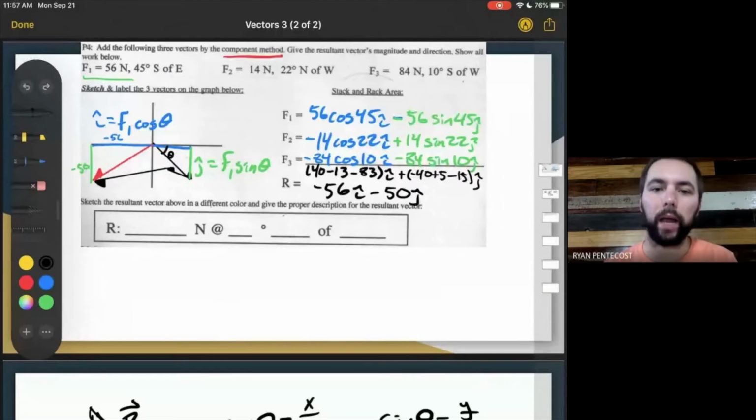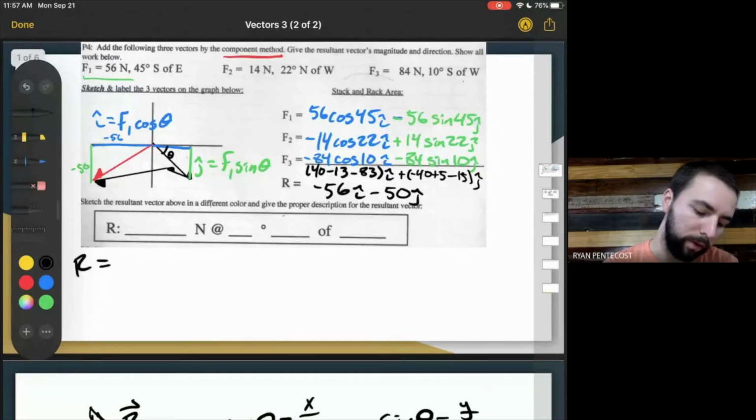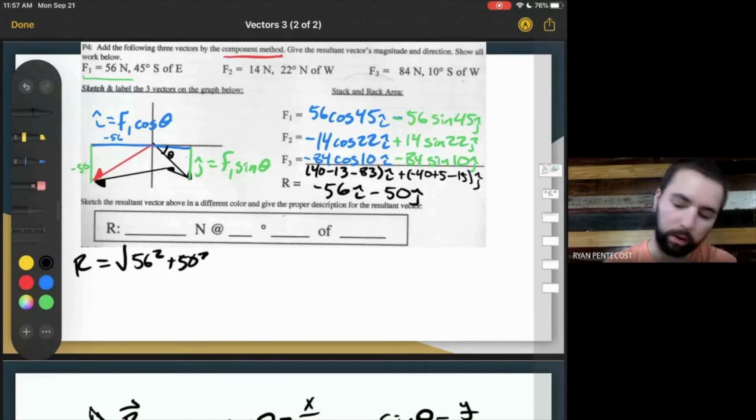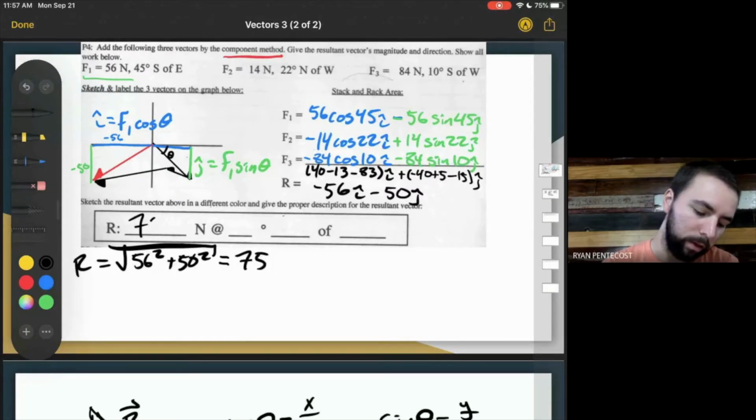We need the magnitude. So what can we do? We can use the Pythagorean theorem. So r will equal the square root of 56 squared plus 50 squared, which comes out to about 75. So that would go right there, 75 newtons. And now we need the angle. Like I told you before, the angle would be tangent inverse of opposite over adjacent.